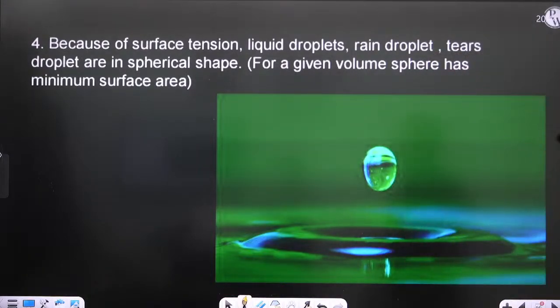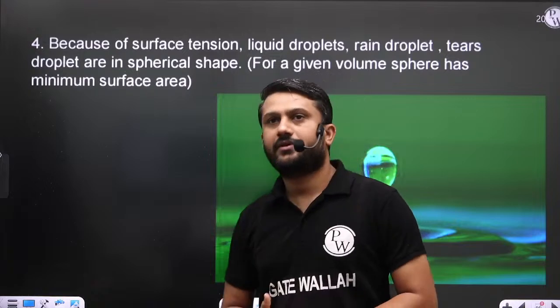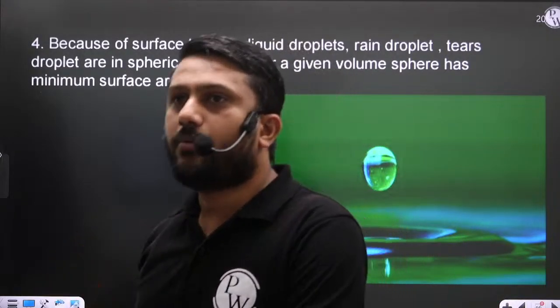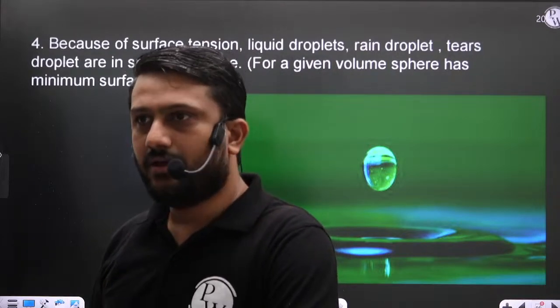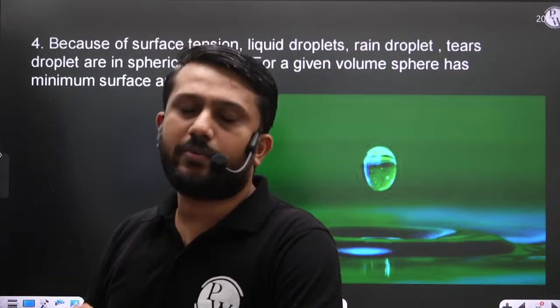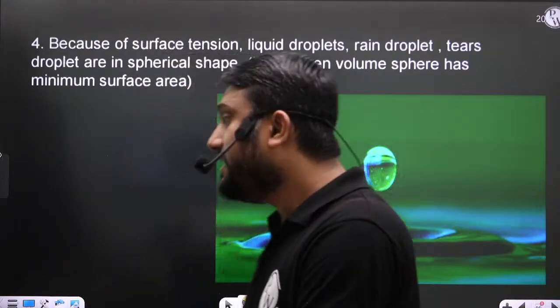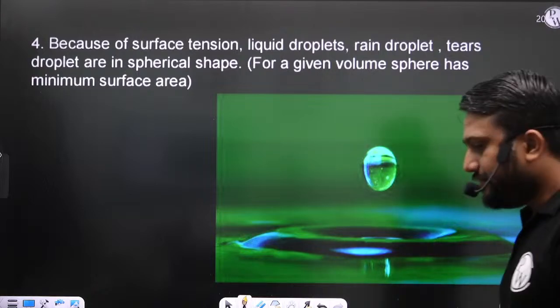Because of the surface tension, liquid droplets, rain droplets and tears droplets are spherical in shape. Sometimes in interviews this question is asked: why is a liquid droplet, rain droplet or tears droplet spherical in shape? It is because of the surface tension.